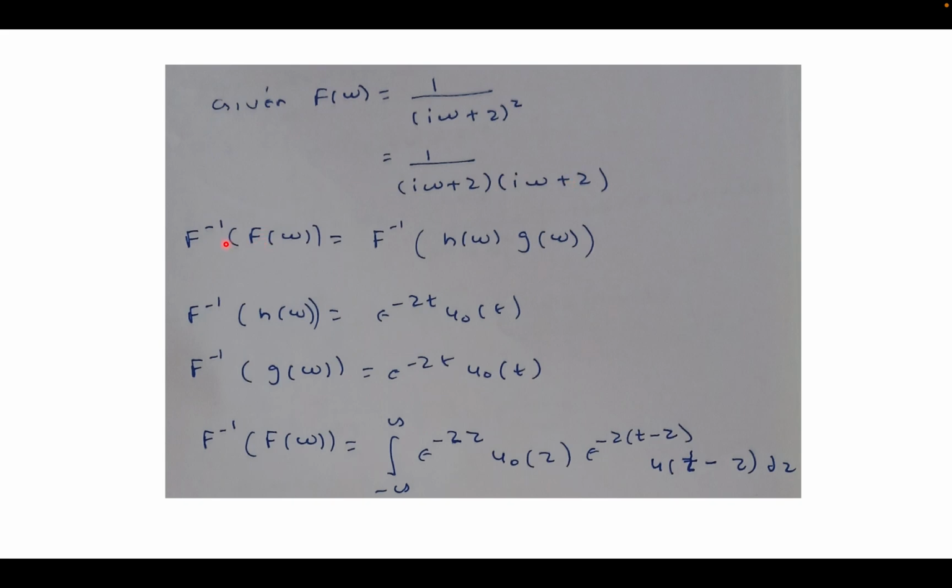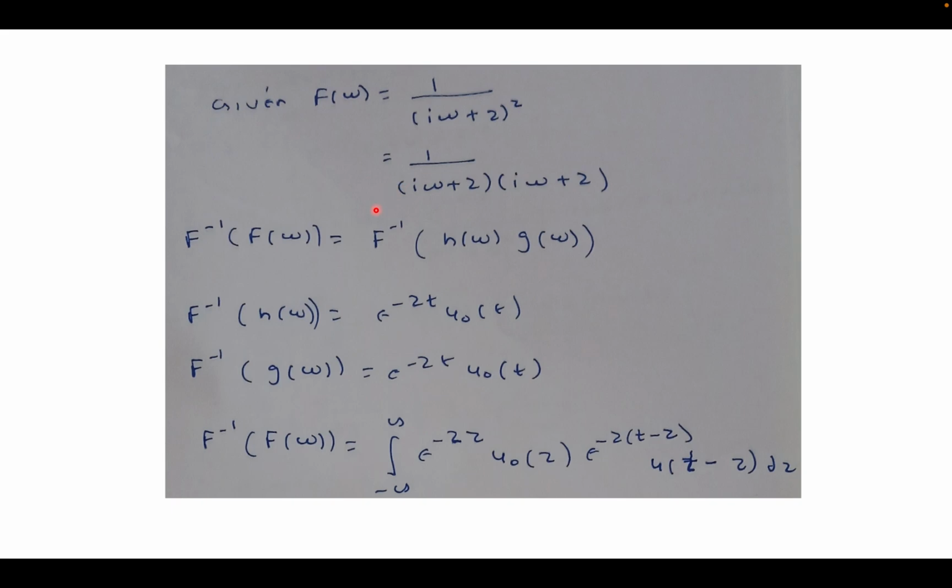Now if you recall the properties of the inverse, I can write it as F inverse of F of omega, and then I can write it as F inverse of H omega G omega, right? Where I am calling this function as H and this function as G, and H of omega is equal to G of omega because both of the functions are the same. Now if I ask you what is the inverse Fourier transform of H of omega, right?